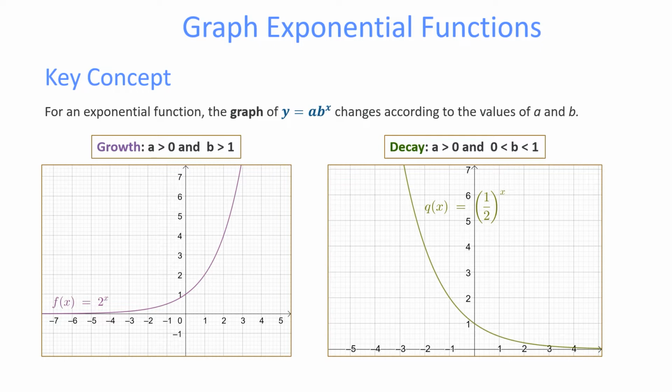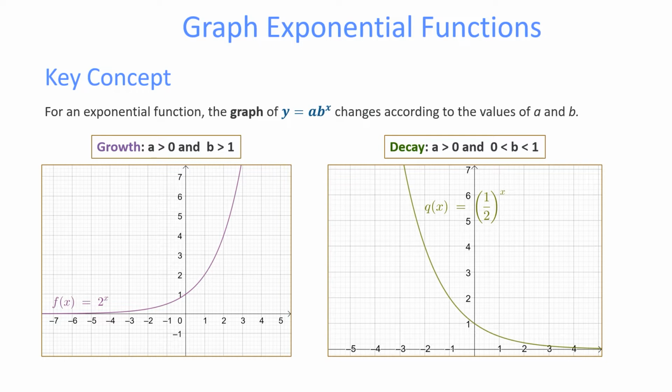Let's now look at how to graph exponential functions. For an exponential function, the graph of y equals a times b to the power of x changes according to the values of a and b. For a growth function, a is greater than 0 and b is greater than 1.